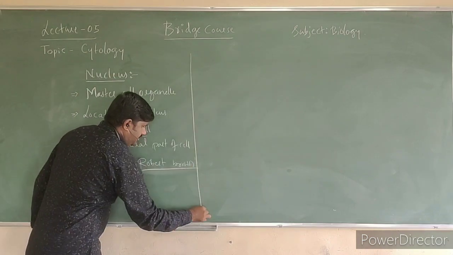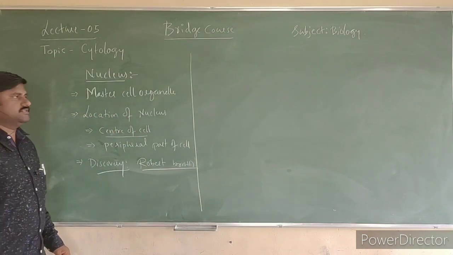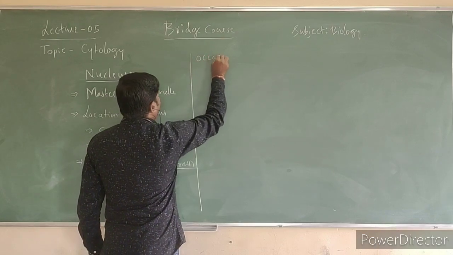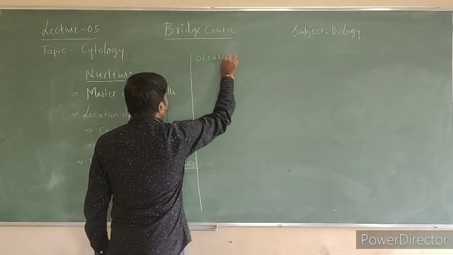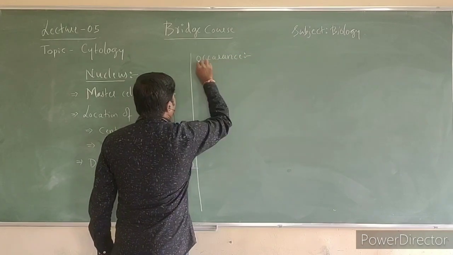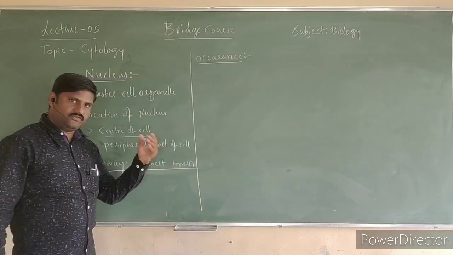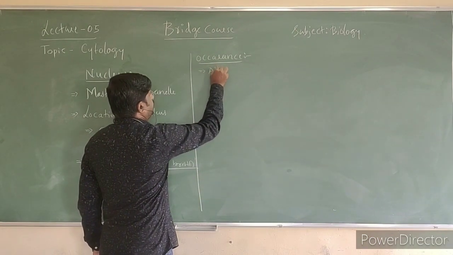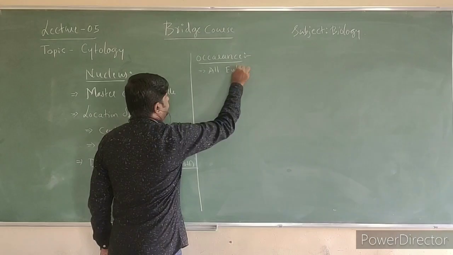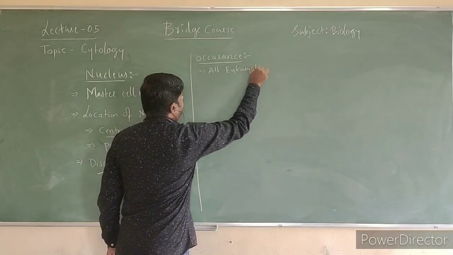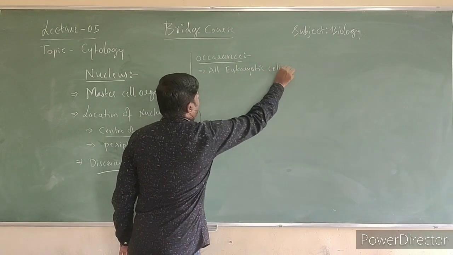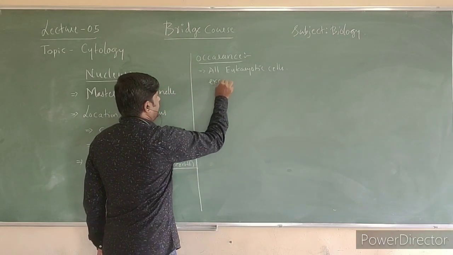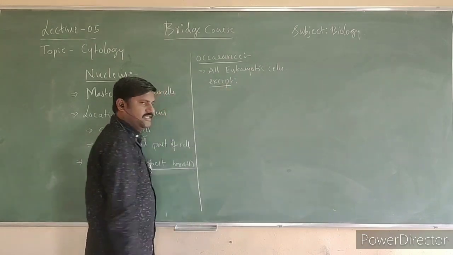And such kind of nucleus occurrence. You know in which type of cells it occurs? Usually it is present in all eukaryotic cells. Some exceptions are there.